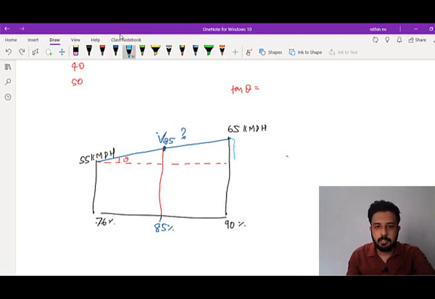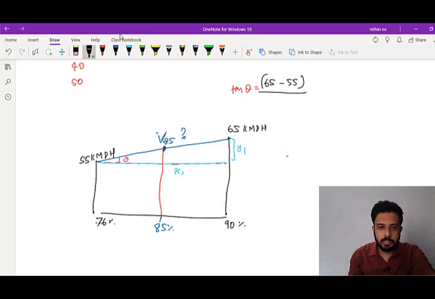Tan theta, if I take this as y1 and this whole portion as x1, is equal to 65 minus 55 divided by, what is this horizontal, 90 minus 76. That should be equal to y2 divided by x2.